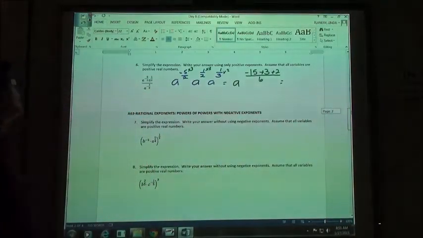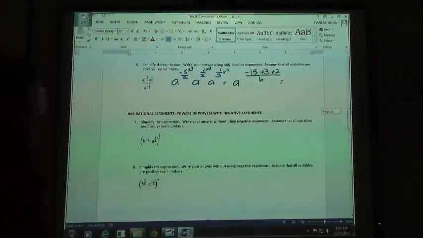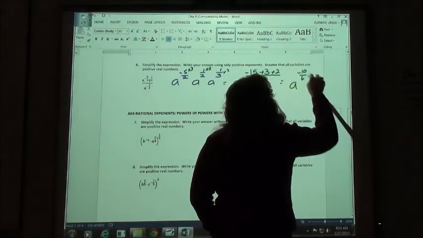So I have negative 15 plus 3 plus 2, which would give me negative 10. I have a to the negative 10 sixths.